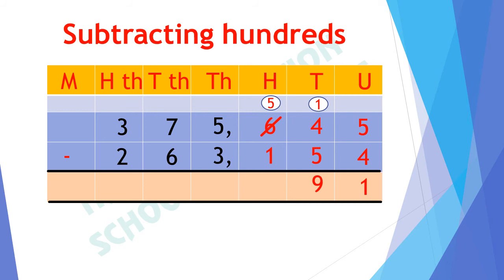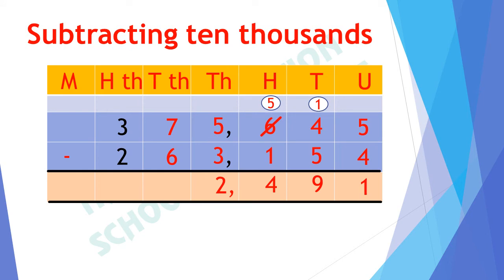Now we will subtract hundreds column. In hundreds column we have to take away 100 out of 500. If we take away 1 out of 5, we are left with 4. Now we will subtract thousands column. In thousands column there is 3. We have to take away 3,000 out of 5,000 and here we are left with 2,000s. Now we will subtract 6 10,000s out of 7 10,000s.